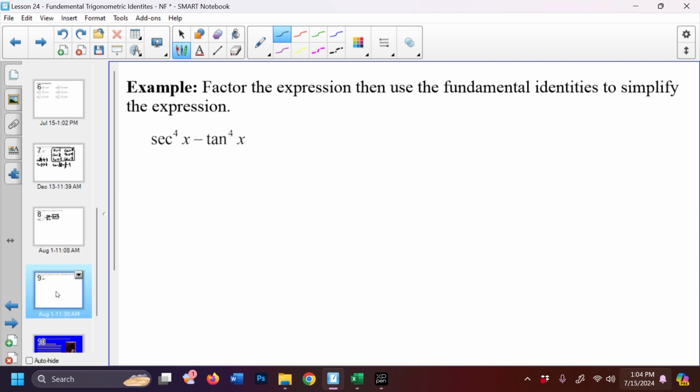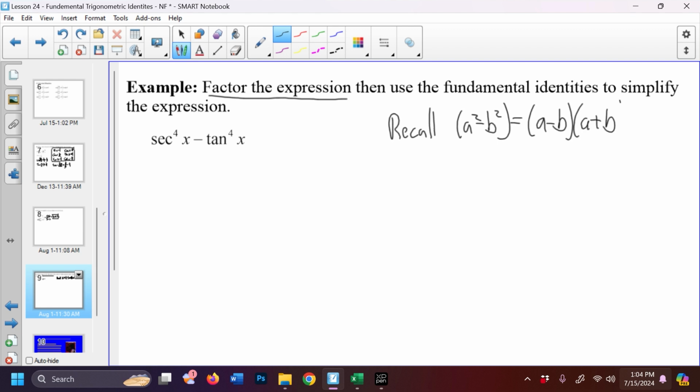Finally, it says factor the expression and then use the fundamental identities to simplify the expression. So I have secant to the fourth x minus tangent to the fourth x. It says factor the expression. So I'm going to ask you to recall that a squared minus b squared factors into a minus b times a plus b.